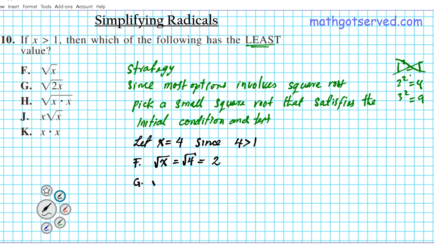G, how does it compare with the square root of 2x? The square root of 2x is the square root of 2 times 4. Using the properties of radicals, we can break this up into root 2 times root 4, which is equal to root 2 times 2. You can use your calculator to work this out, but the square root of 2 is around 1.414.